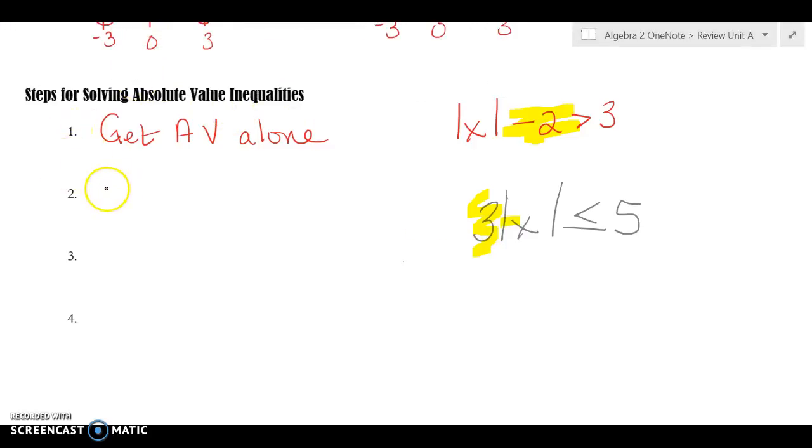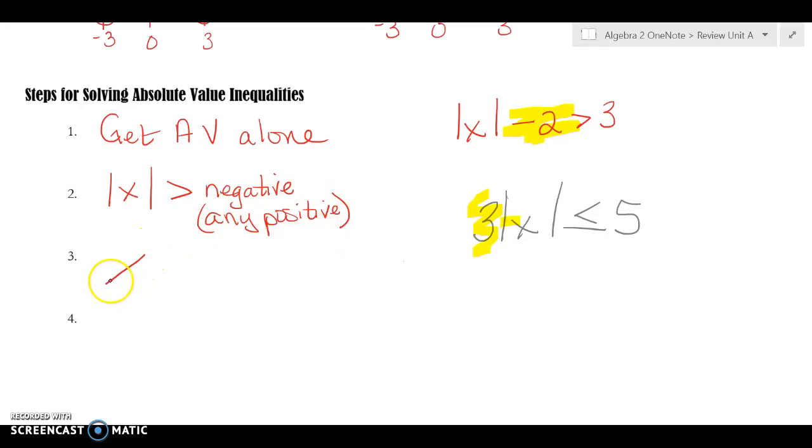Second step is you have to check if it's positive. So there's two options. It has to be greater than a negative, or anything with a positive. If it's greater than a negative or any positive, then you go to this step where you break it down.